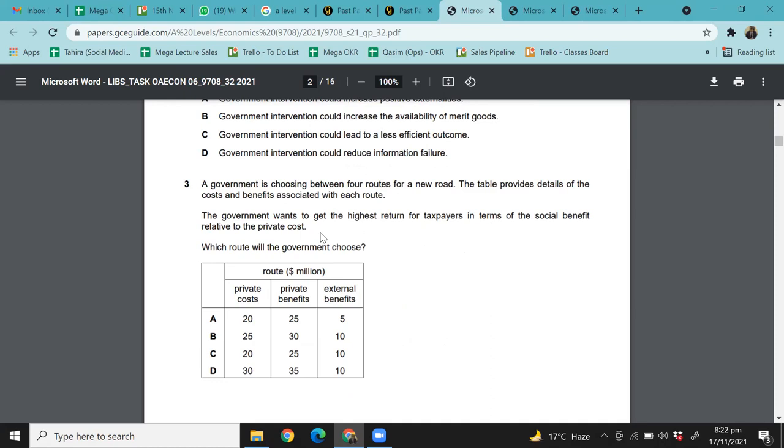The question says highest return. So they have already given you the definition of what they mean by the highest return.